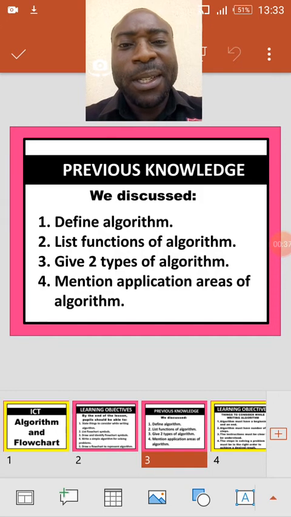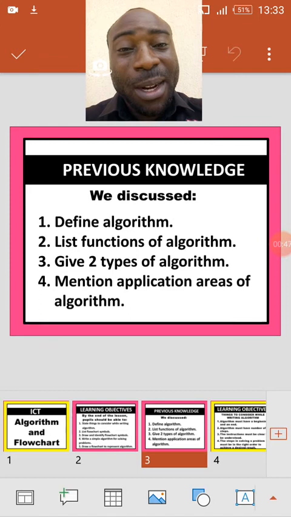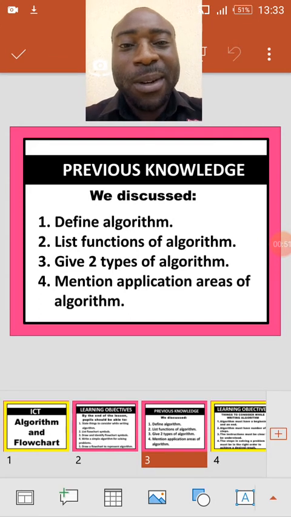Now, let's look at our last lesson where we defined algorithm as a step-by-step process of solving problems. And we listed functions of algorithm: it guides the programmer to follow the program in an orderly manner, and it also prevents omission of steps and duplication of steps. And we listed 2 types of algorithm: pseudocode and flowchart.